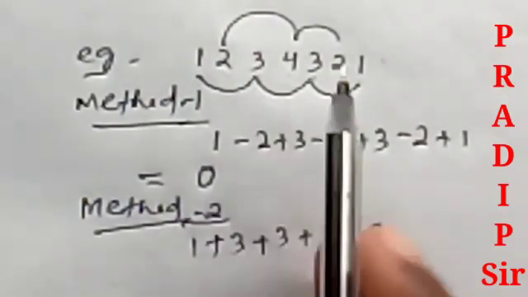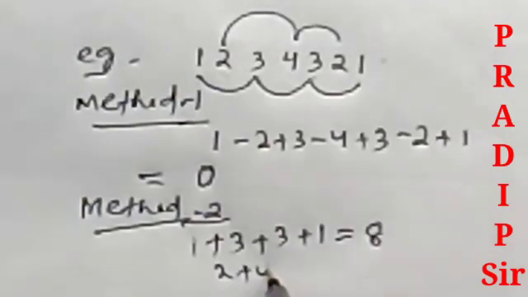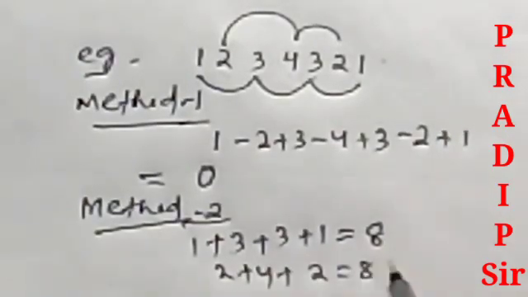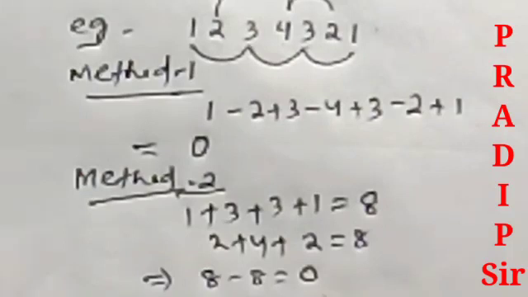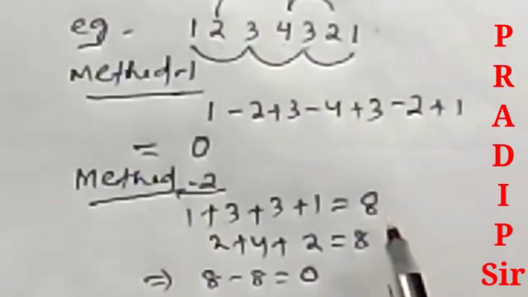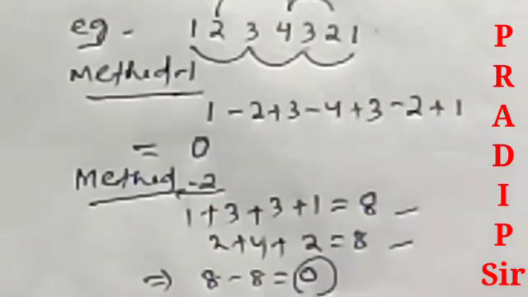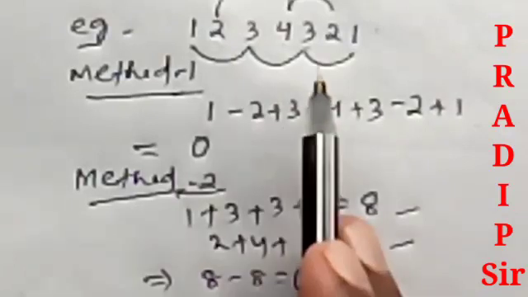That means 2 plus 4 plus 2, which is also 8. Now subtract these. 8 minus 8 is equal to 0. If we subtract these two numbers and the result is either 0 or a multiple of 11, like 11, 22, if the difference is divisible by 11, then the number is divisible by 11.